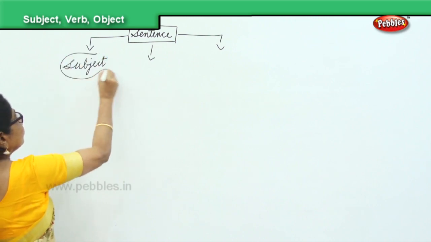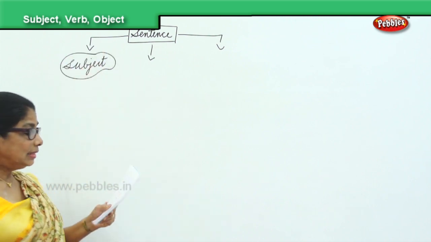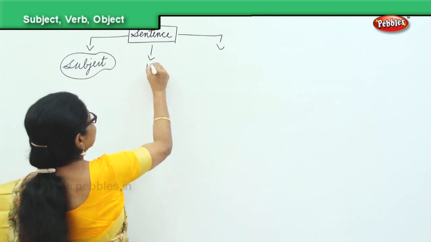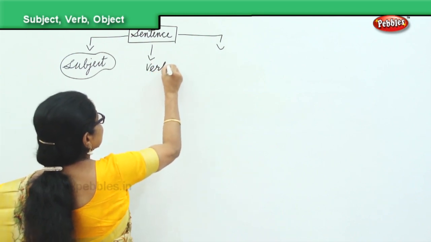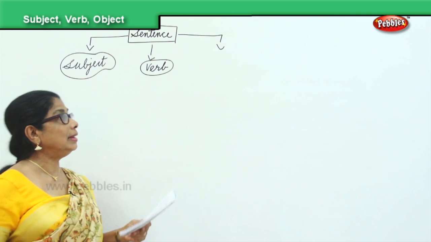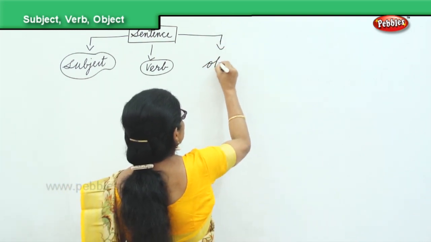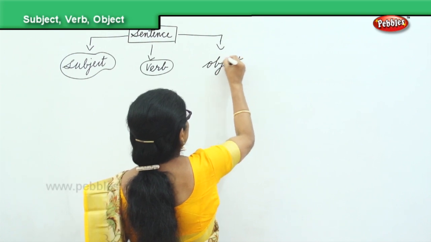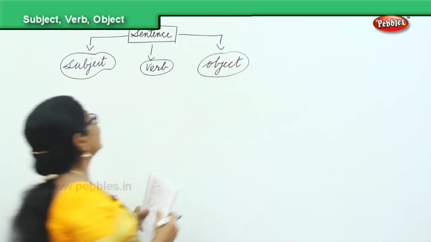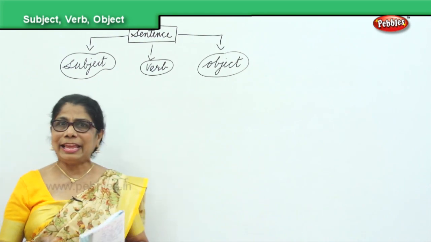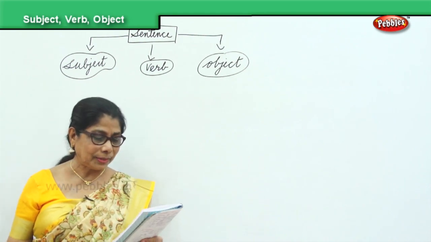Every sentence has a verb. And finally, every sentence has an object. So, a subject, a verb, and an object. Every sentence has that.